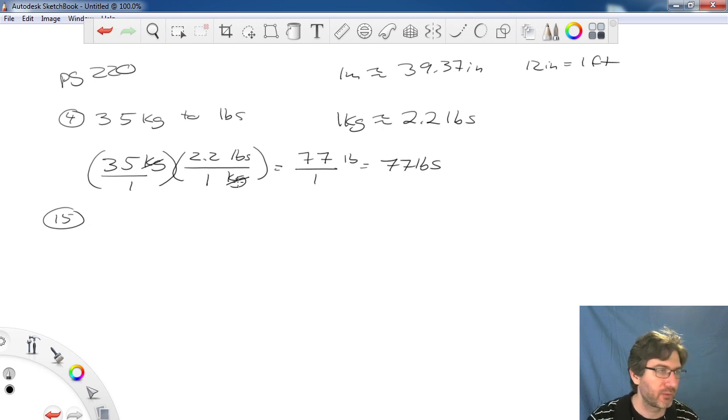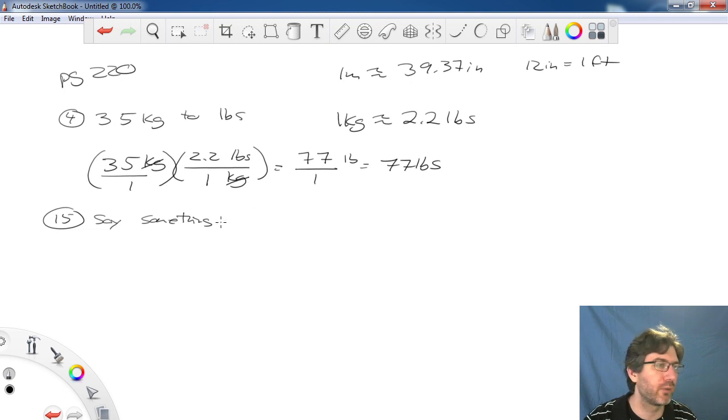Again, I do it kind of differently than what the book does, so I kind of told you what you do. But what the book is asking you to do is to say something about what you notice about those conversion factors.